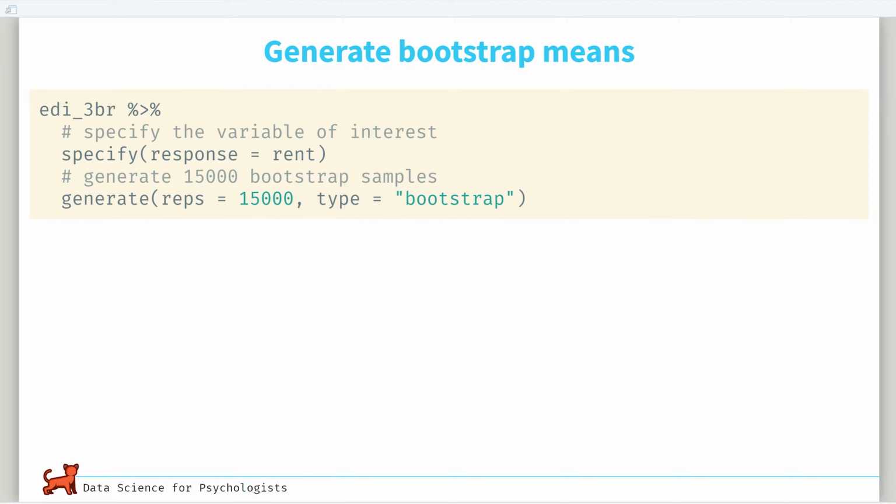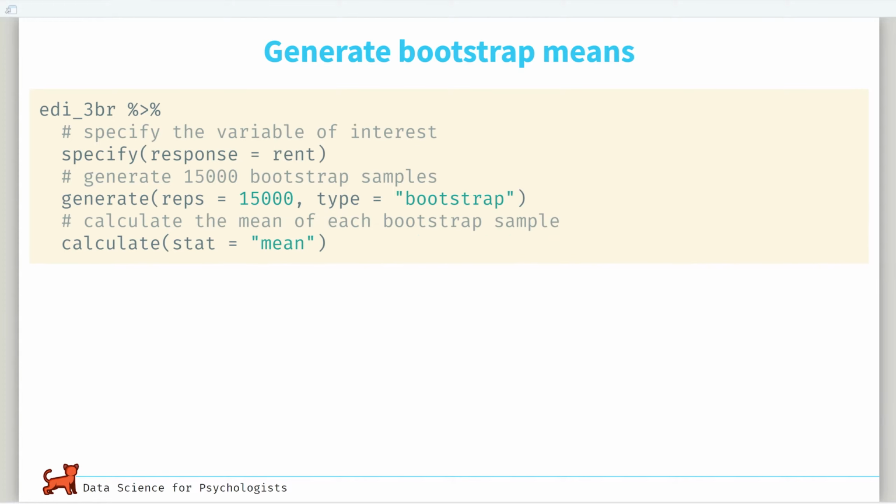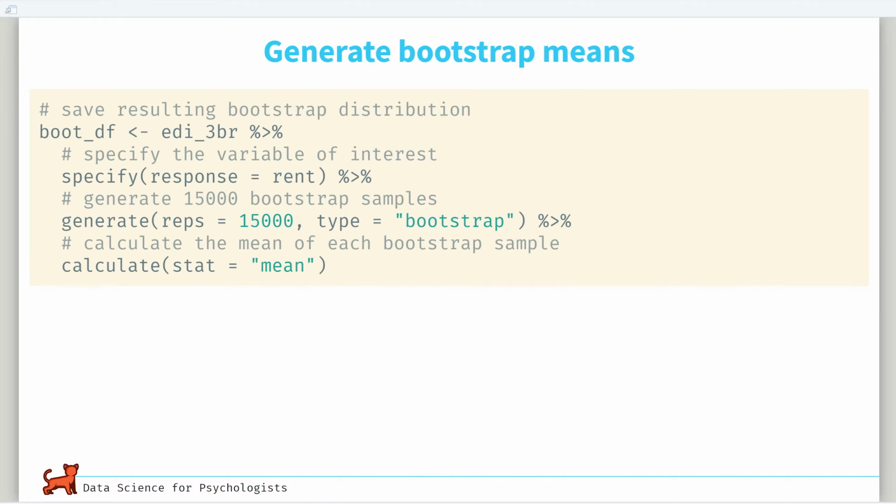And we're going to generate effectively all the different distributions from 15,000 times. And then we'll calculate the mean for each of those bootstrap samples. And we'll save that resulting, okay, here I've put the pipes back in. And we'll save the resulting bootstrap distribution as its own data frame.